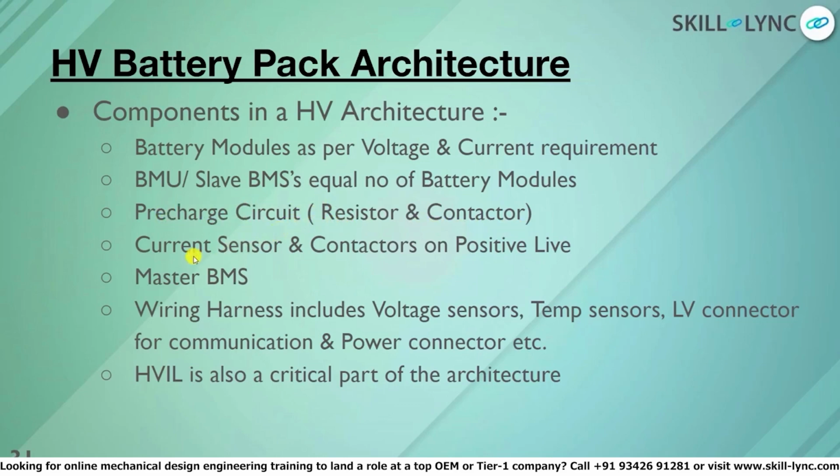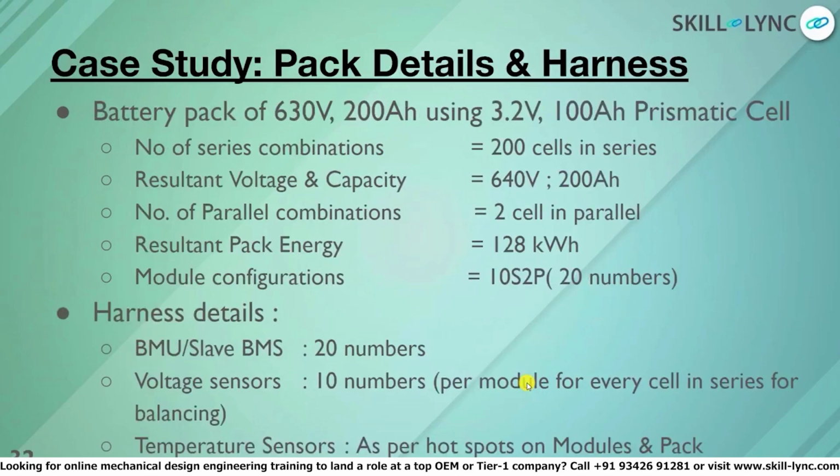We have current sensors and contactors, and on the positive line the current sensor talks to the BMS to understand whether the right amount of current is being delivered, or if any extra current is being asked for. Then we have a master BMS which monitors the whole pack, and the wiring harness, which includes voltage sensors, temperature sensors, low voltage connectors, etc. And we have, as I showed, the high voltage interlock loop, which is very important for the high voltage battery pack. We will discuss each of these components in detail once we have done a case study.